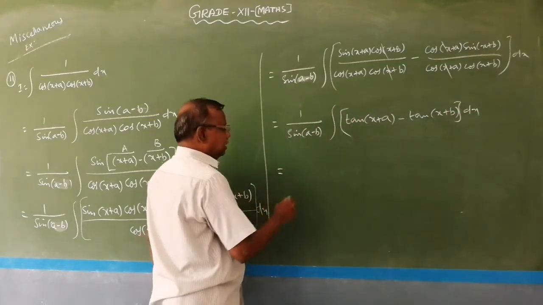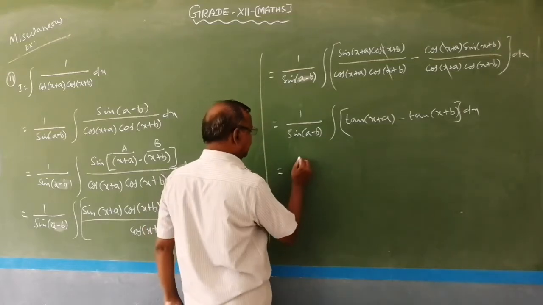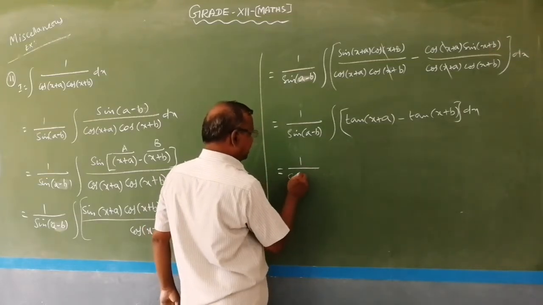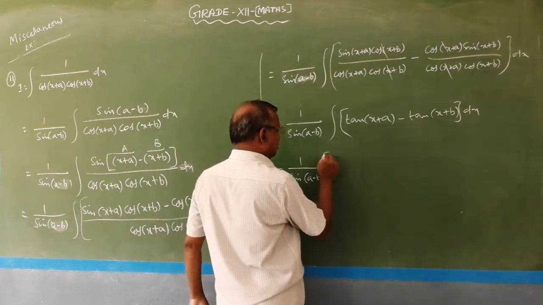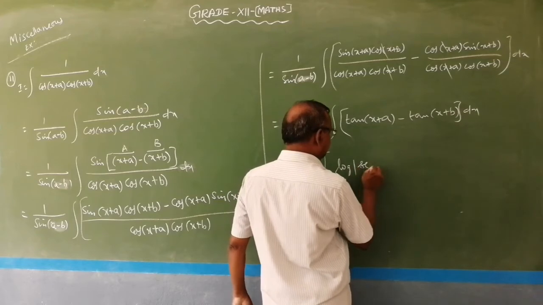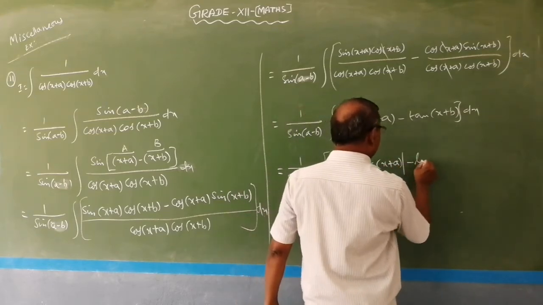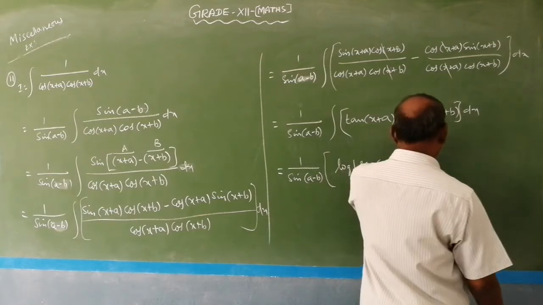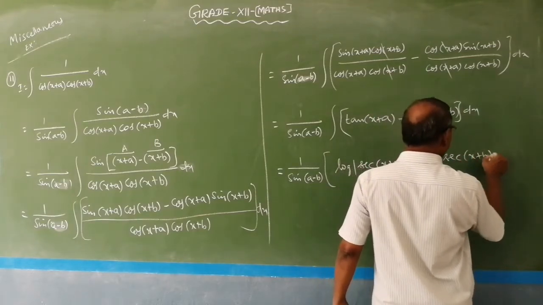We know that integral tan x equal to log of modulus of secant x, accordingly it is 1 by sin of a minus b into log of modulus of secant of x plus a minus log of modulus of secant of x plus b.